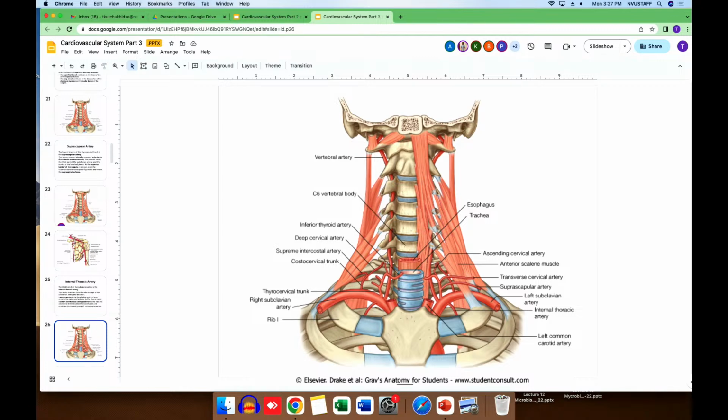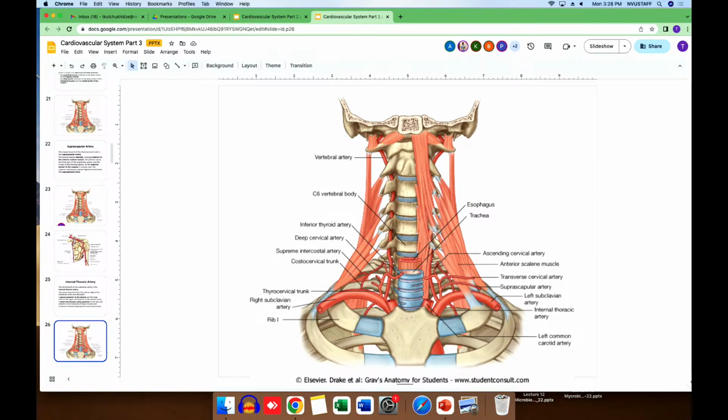So it has a huge way to the upper limb, and we will discuss further ways in our upper limb position. It has several branches itself. It has our first branch, which is our vertebral artery, that is ascending to C1 and going in the foramen magnum. It has our thyrocervical trunk, and it has the costocervical trunk, right?